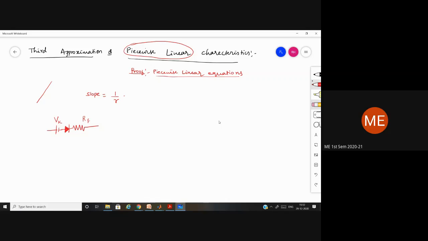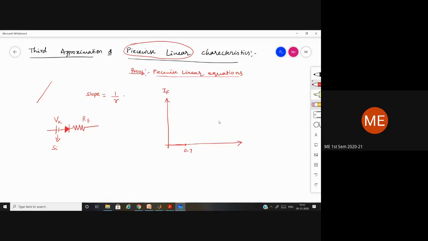So according to this third approximation circuit, we already have a battery. How much does this battery provide? Suppose it is silicon. Till what voltage will it not allow the current to pass through? 0.7. So till 0.7 they marked the current as 0.